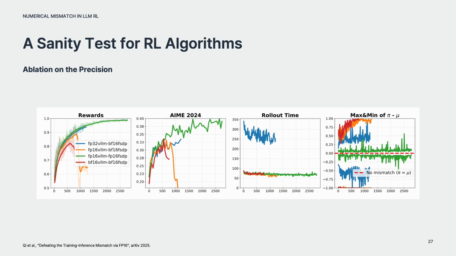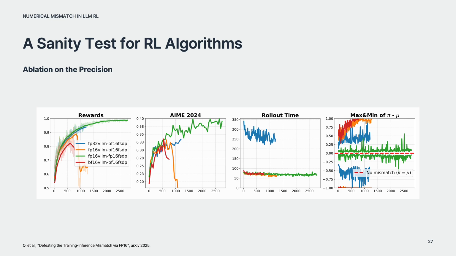Finally, the authors report an ablation study over different precision settings for training and inference. They find that using BF16 for the training engine and either BF16, FP16, or FP32 for the inference engine consistently underperform the configuration where both training and inference engines use FP16 in terms of reward, accuracy, and mismatch.